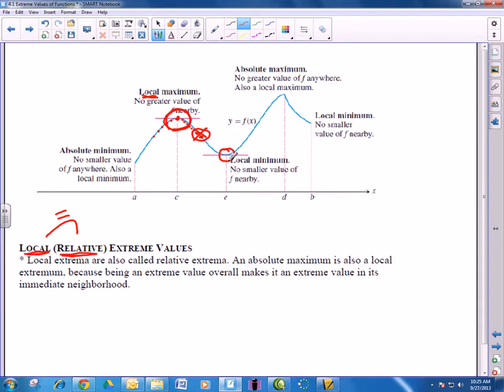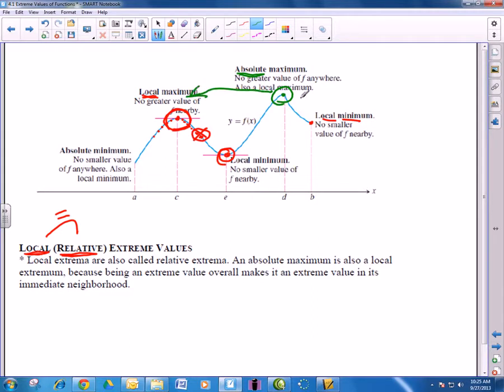Down here, this, again, is a local minimum, because locally it's the smallest or the lowest point. Then if we look over here, this also is a local minimum, because locally it is the lowest point on the graph. However, this point right here is a local maximum as well, but at the same time it is an absolute maximum, because it is the highest point overall.